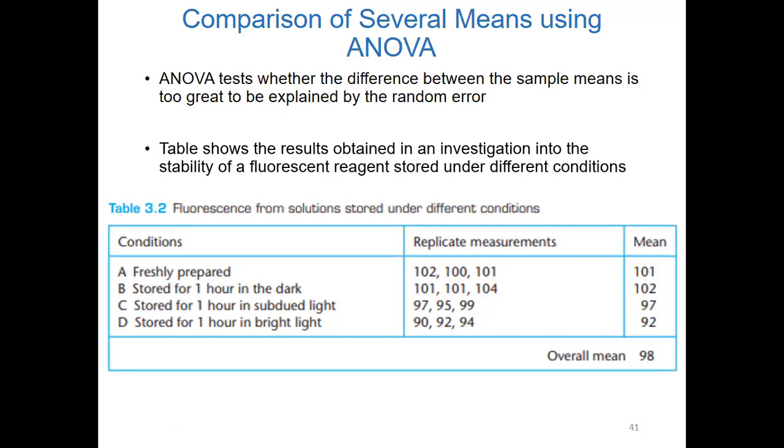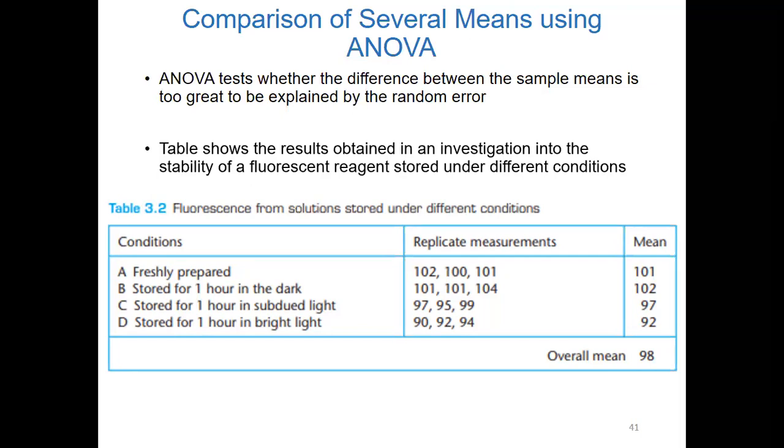And the second one, after preparing the solution, we store that solution in a dark place for 1 hour. What is happening when we store it in the dark? There's no interaction with light. Therefore, we can still keep the fluorescent reagent active.